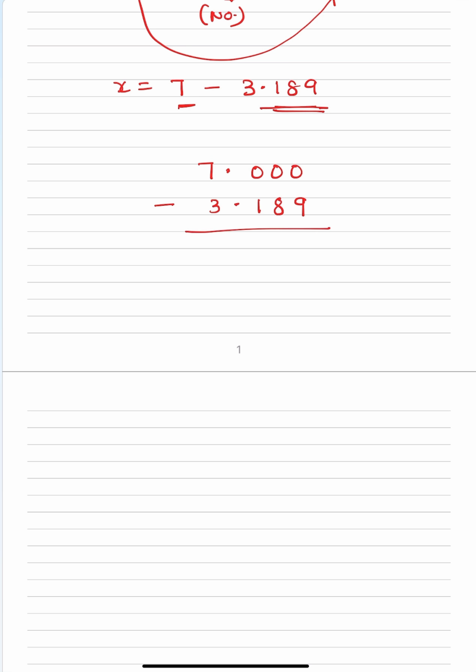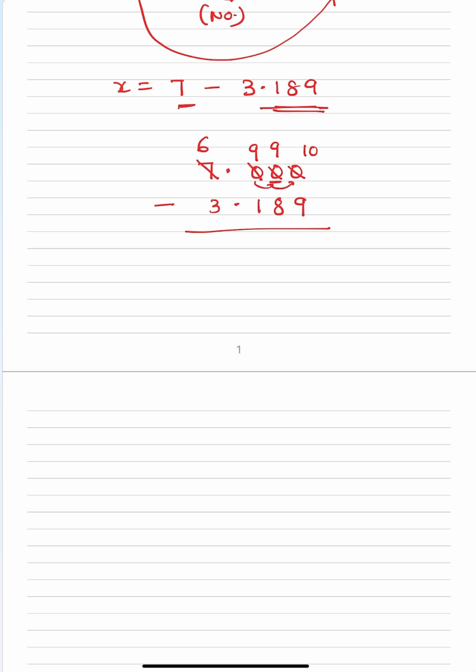Now here we have to subtract, but there are 3 zeros, so I'll just borrow from 7. We'll make this 6. This will become 10, but because here this 0 also we will have, so this will become 9. Again this will become 9 and this will become 10 because we are borrowing from this 0 to this 0 and then this 0 to this 0.